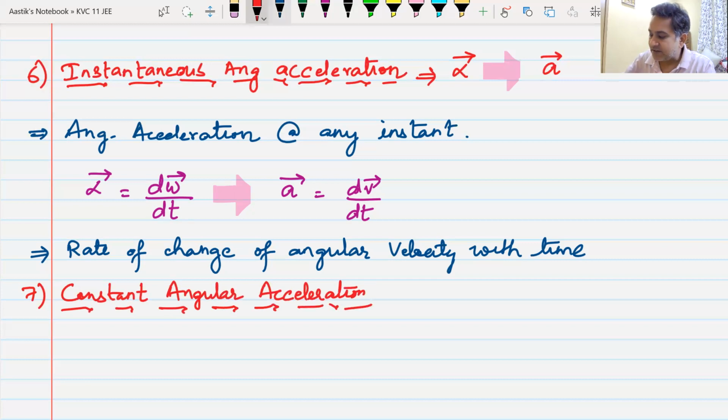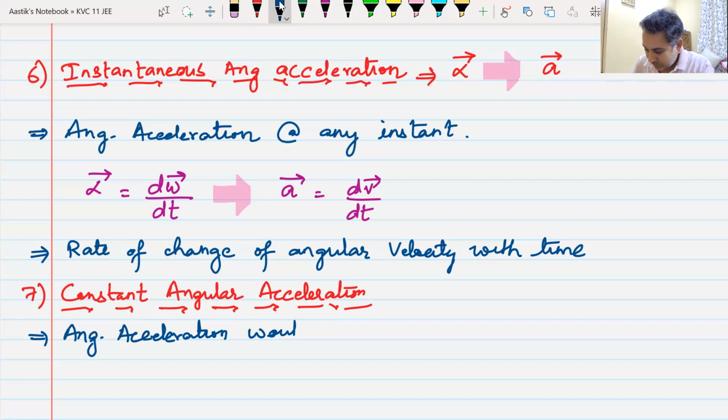When I say constant angular acceleration, this means your angular acceleration would remain same, or it would remain constant.